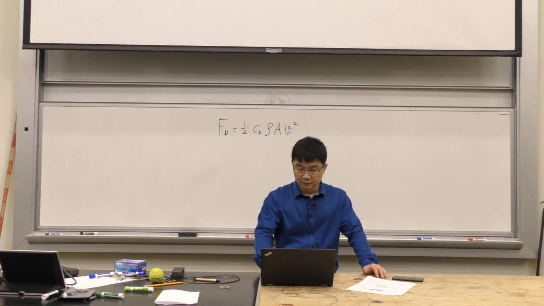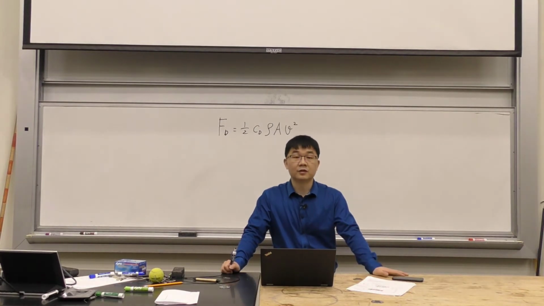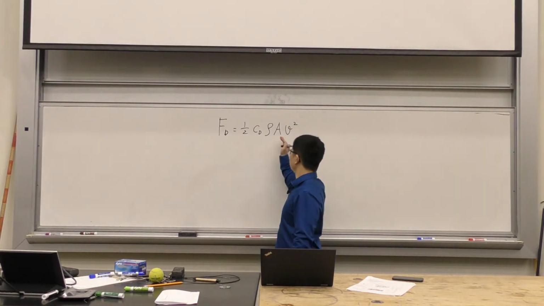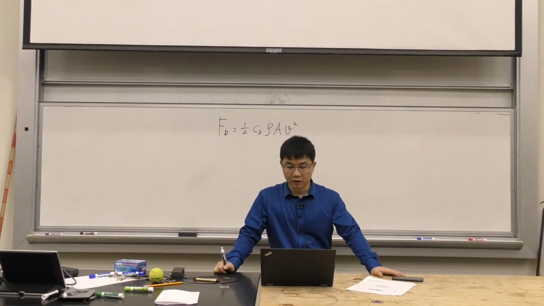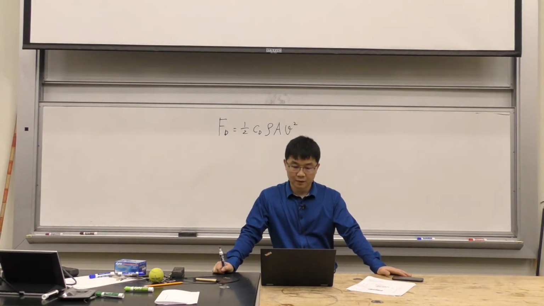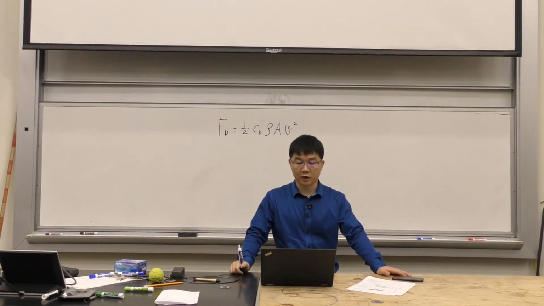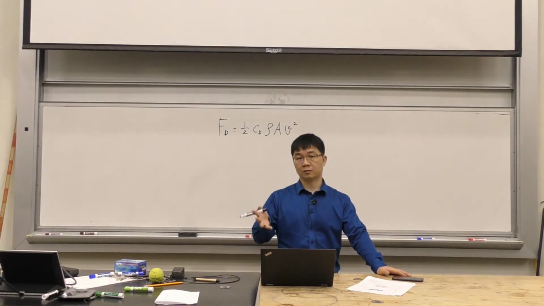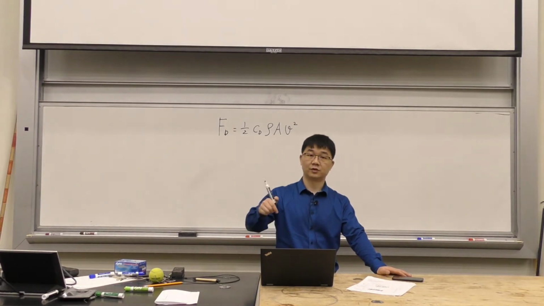Okay. So as I said, take a look at the second slide. If something's falling, the A you plug in is only going to be the cross-sectional area, not the whole area of the object. For example, if a sphere is falling, you only need to calculate the area of a circle. You don't need to calculate the whole area of the sphere, which, if you still remember, is 4 pi r squared. The cross-sectional area is just pi r squared.